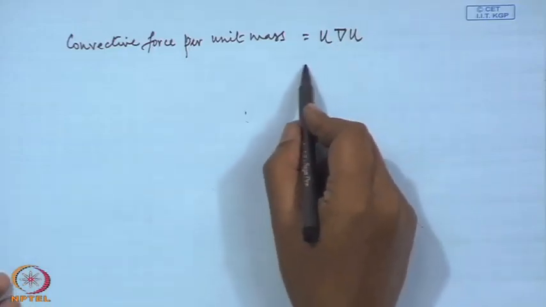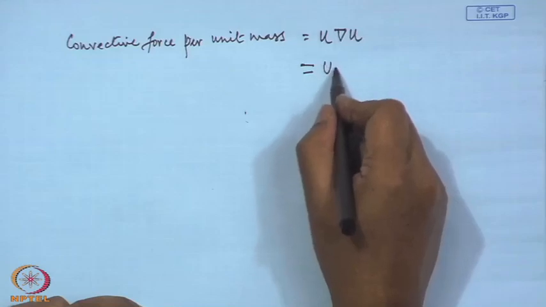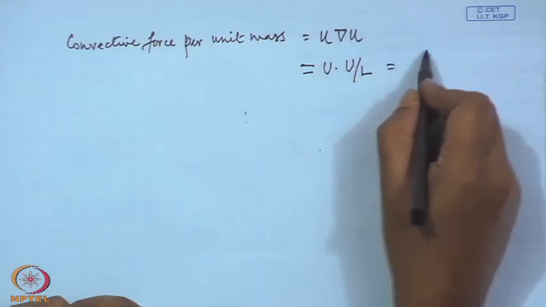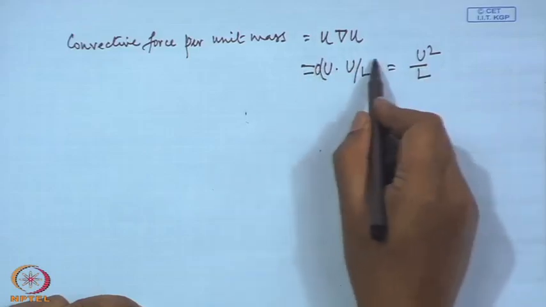What is its order? No, I am not asking for the dimension. This is an acceleration, you can say very clearly L by t square. This is the order of magnitude. The characteristic velocity is the capital U that we are using, and grad U is U by L.